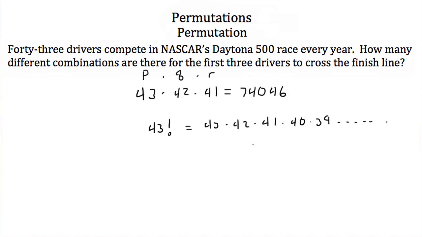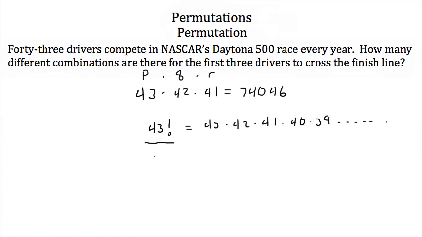So to get rid of the 40, the 39, the 38, the 37, and everything that comes after it, the easiest way is to divide this by all the choices that we're not using. So there are 40 different drivers that aren't going to come in the first three spots.